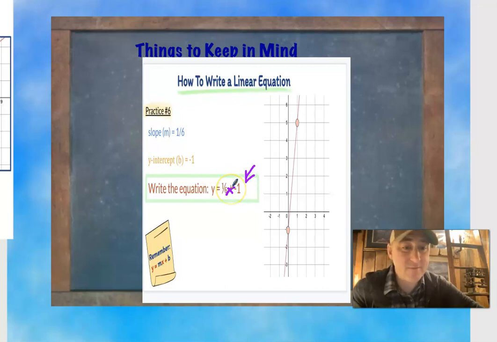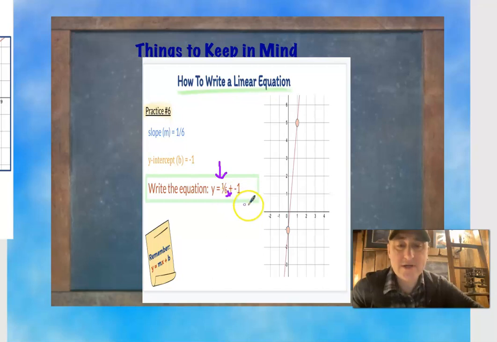That x is the number of glasses. So I won't know as a teacher or somebody following your directions that this right here is your m unless it's attached to an x. So for today, remember that after you write your slope, put your x.